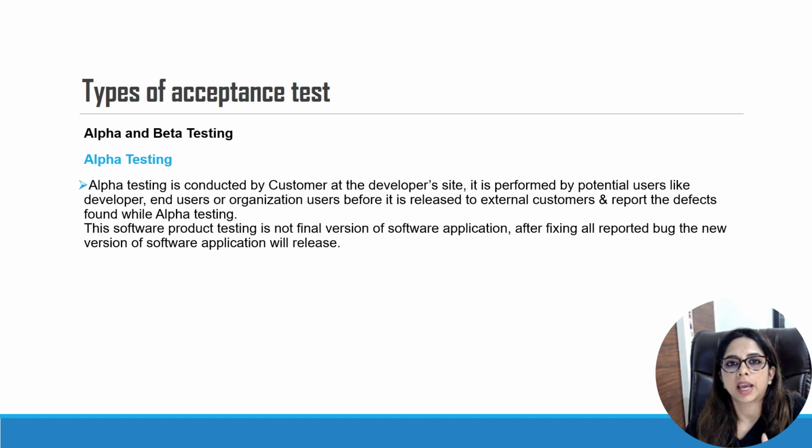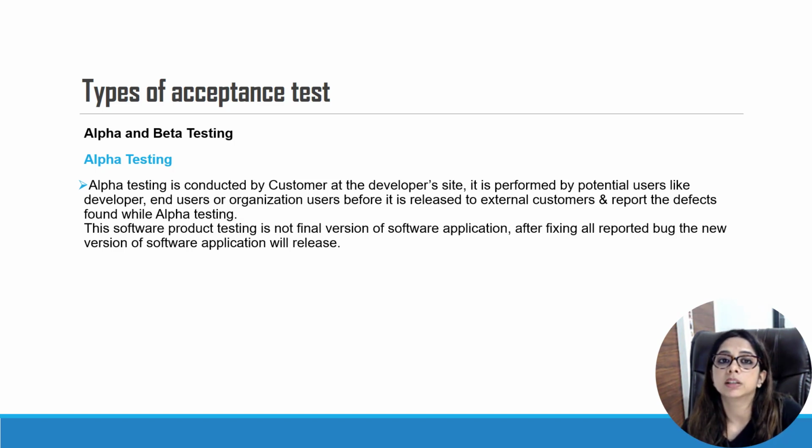And alpha testing will be done at the Infosys site, the developer site. So you are working on software for Apple, employed as an Infosys employee. So Apple is your client. So alpha testing will be done at the developer site.